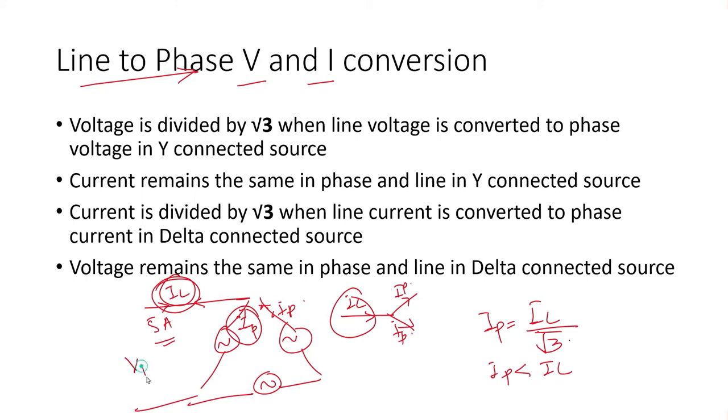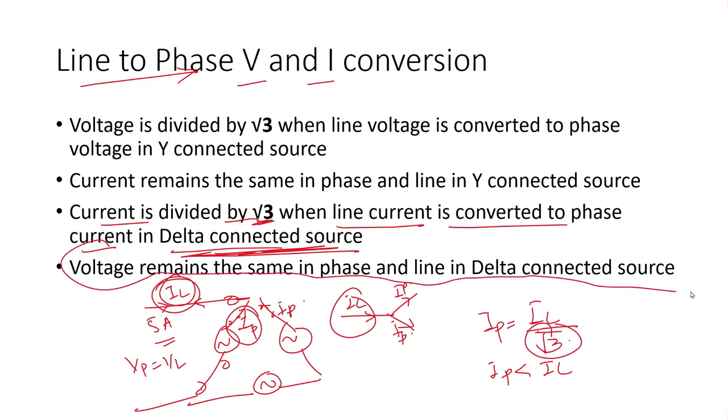But VP is equal to VL, because the line voltage and phase voltage are the same. So in a delta connected source, the current is divided by root 3 when the line current is converted to phase current, but the voltage in phase and line in delta connection will remain the same.